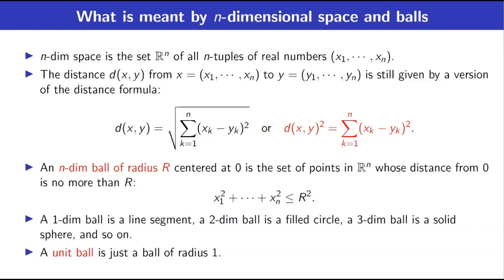So the same geometric idea that you use to define a circle or a sphere continues into higher dimensions. Therefore, a one-dimensional ball is a line segment, a two-dimensional ball is a filled-in circle, a three-dimensional ball is a solid sphere, and so on. Also, when we refer to a unit ball, all we mean is a ball of radius 1.